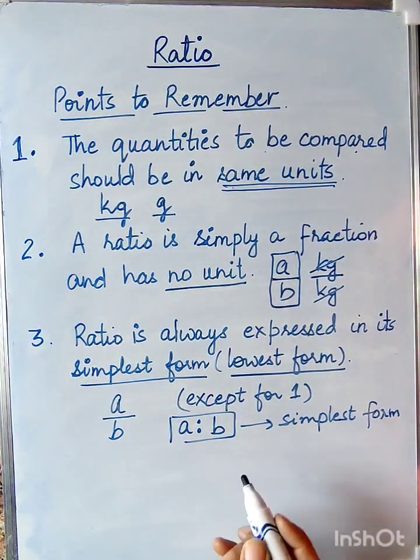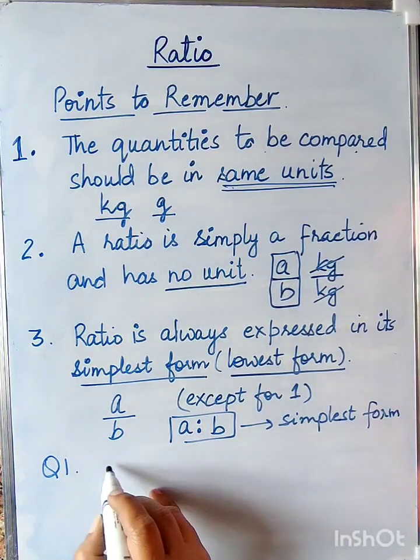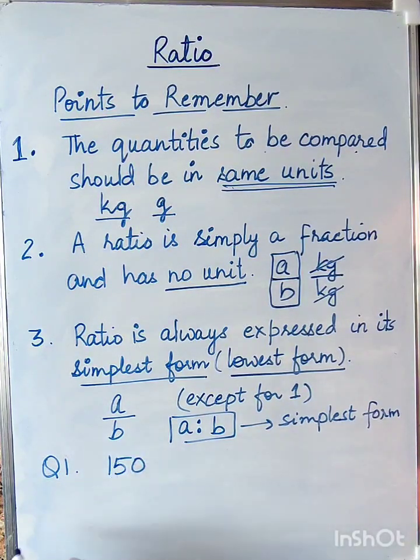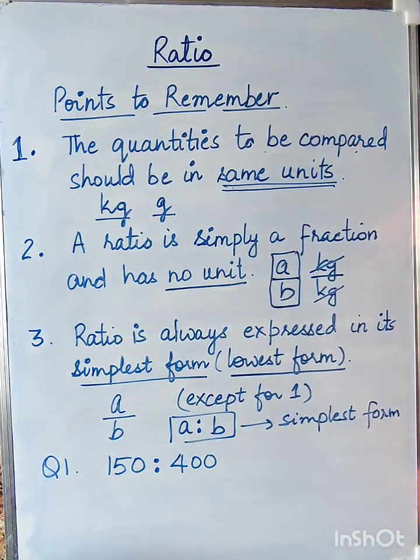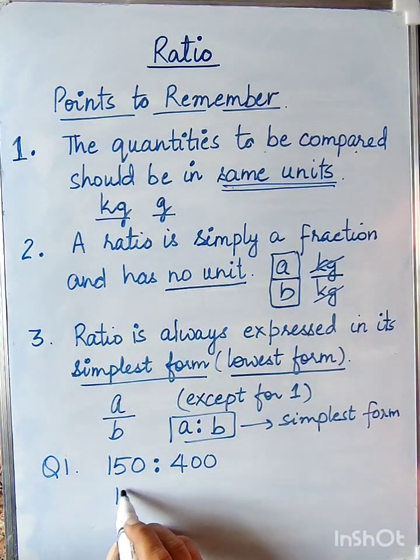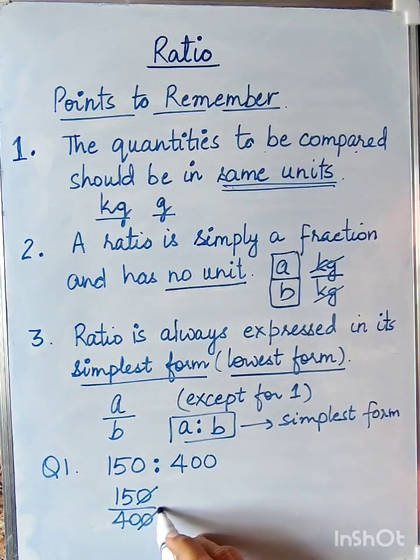Let us understand this by a question. We have to express the following ratios in the simplest form. Given to you is 150 is to 400. I have to change this ratio to its simplest form. So what will I do? I will simply write it in the fractional or divisional form, and I will change it into the lowest term by dividing by common factors.